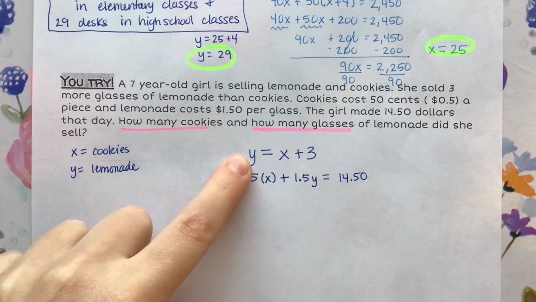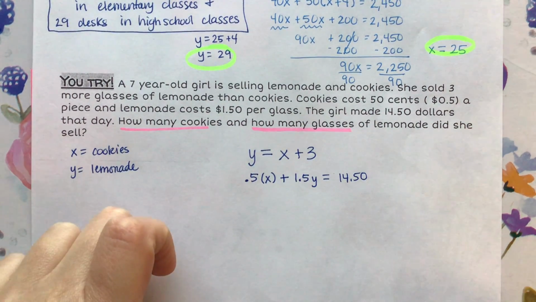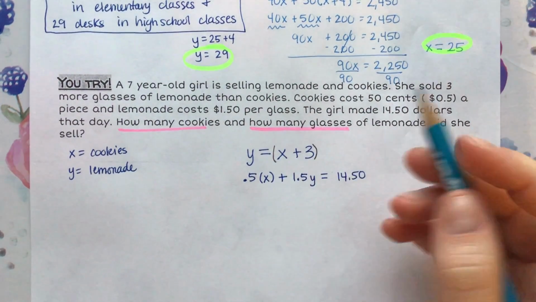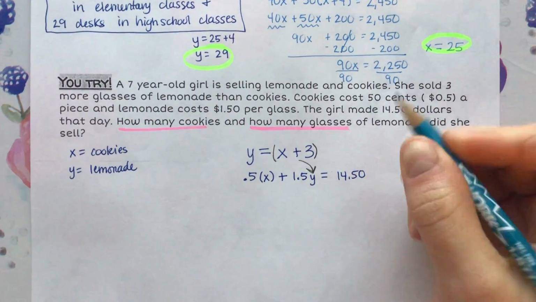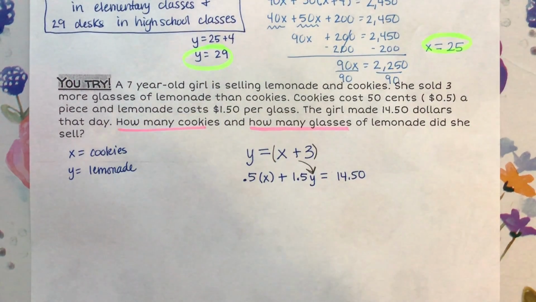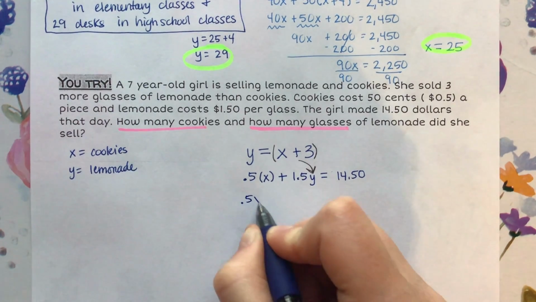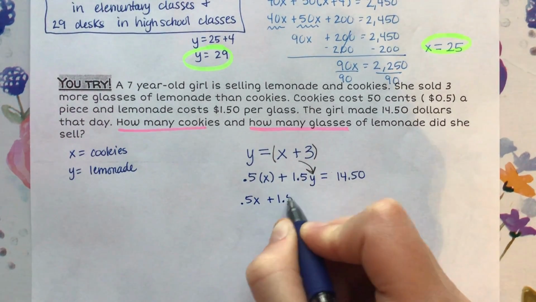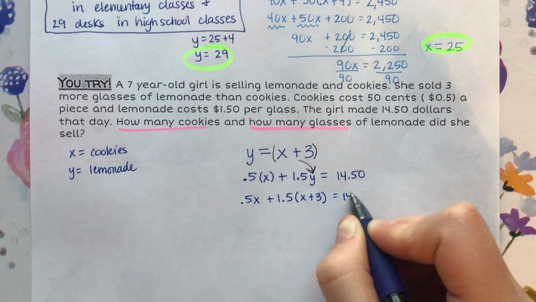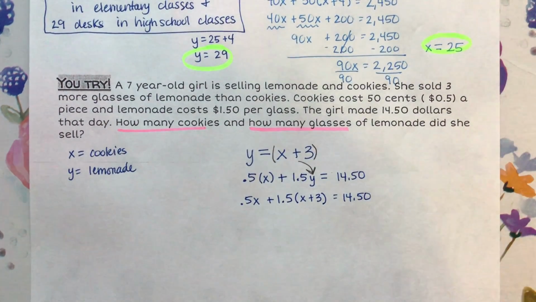Because the y is already isolated in this one, I'm going to use substitution. That means take x plus 3 and substitute it in for the y right there. So now I'm writing 0.5x plus 1.5 times x plus 3 is equal to $14.50.